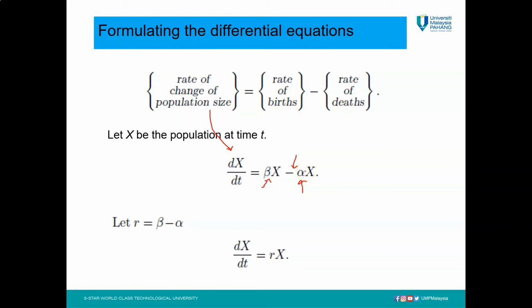We then factorize the right-hand side of the equation. It becomes (beta minus alpha) times x. And let's introduce a new variable r equal to beta minus alpha. Hence, the equation is simplified to dx/dt equal to rx.